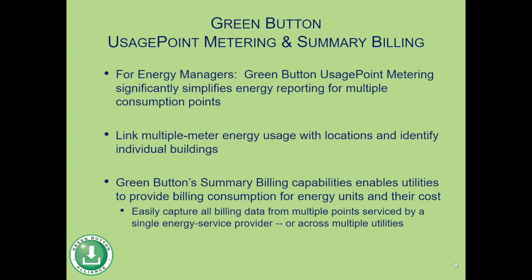Now, the advantage of that billing summary is that energy managers can obtain multiple billings from multiple utilities and aggregate that across multiple utilities and buildings. As long as it's the same format, you still have to worry about how utility A versus utility B bills generation or distribution.